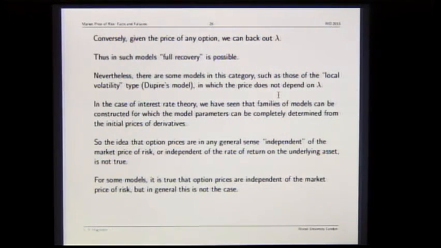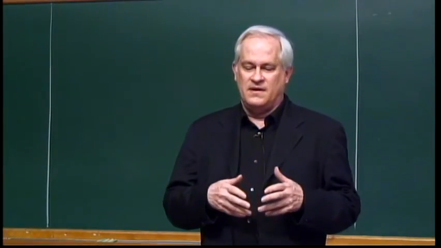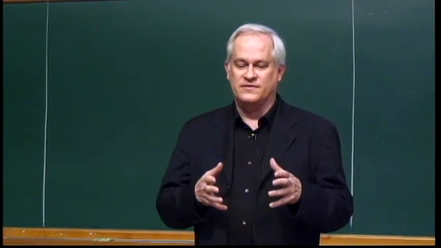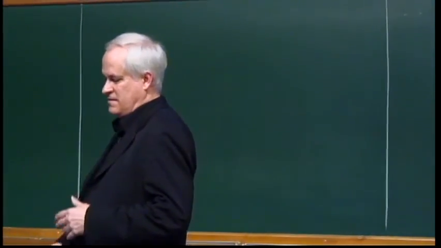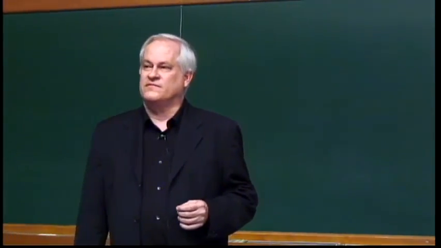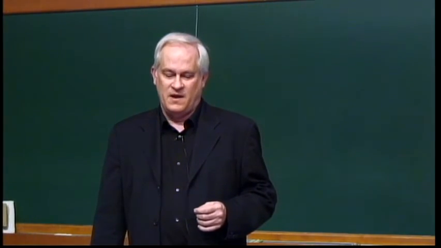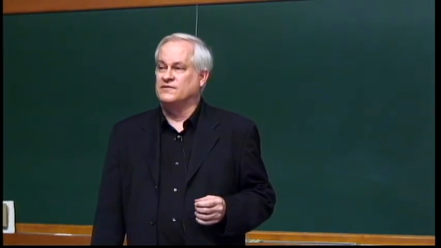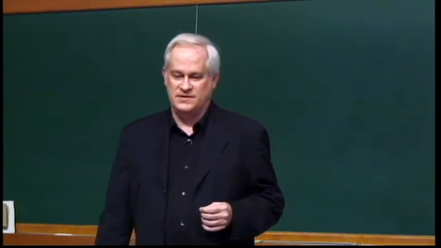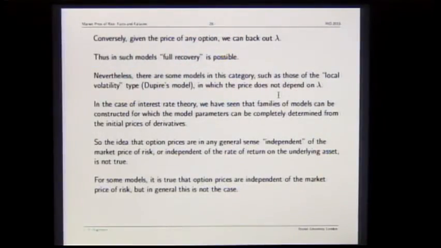in the resulting option prices, I think had the effect of enhancing further the general view that it wasn't necessary to consider the effect of market price of risk on option prices. But this is only a valid conclusion for certain classes of models, and it's not true in general.